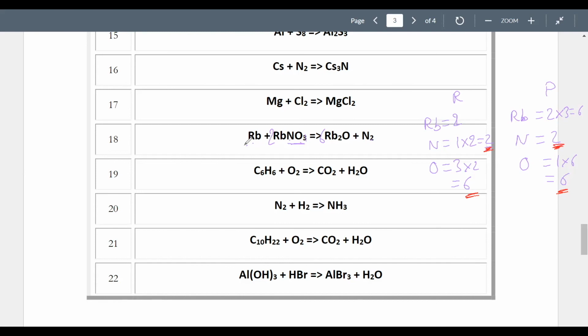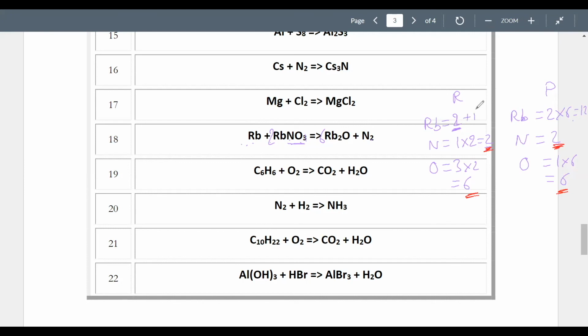Now we need to balance the rubidium, because we multiplied this again. Now we have 12 rubidium atoms on this side, so we need to make this 12. We have 2 over here, and then we have 1 separate, right?